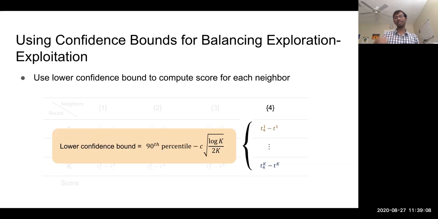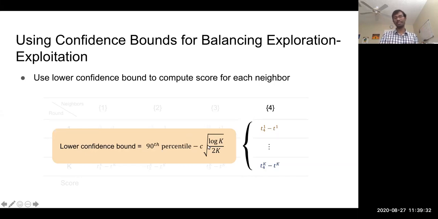And there's this algorithm called UCB, upper confidence bound algorithm, which is a very popular algorithm for efficiently balancing this exploration and exploitation in the multi-armed bandit problem. And in our case, since the objective is to minimize the latency, we actually have this lower confidence bound algorithm.